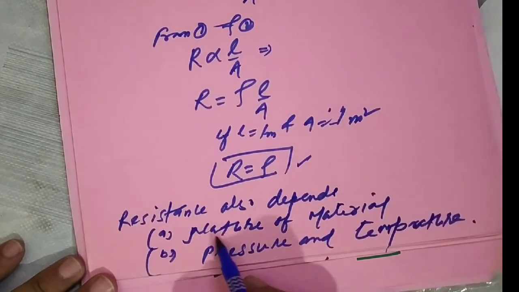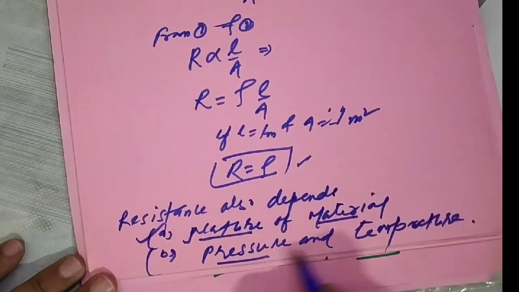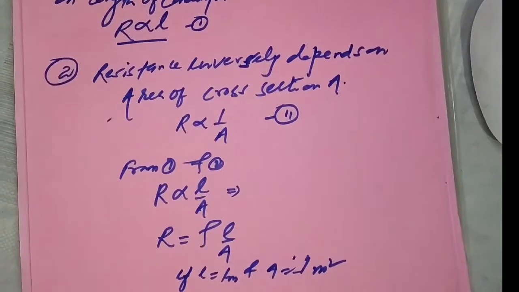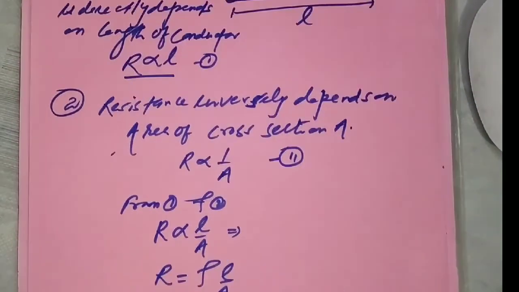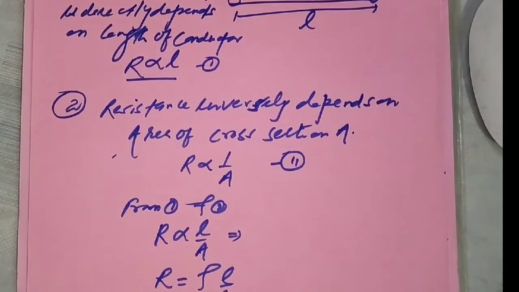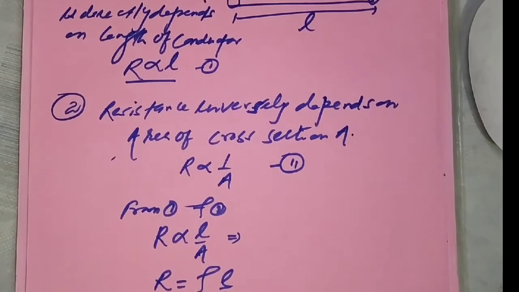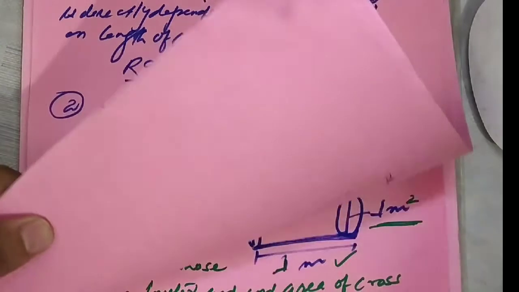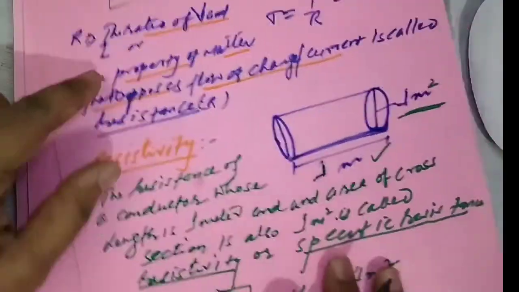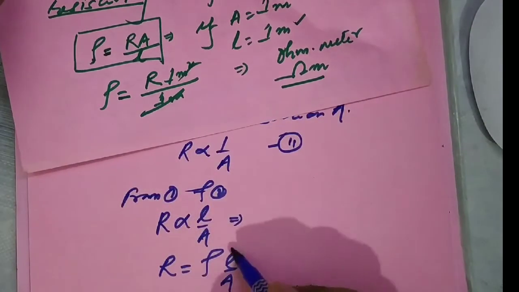Resistance also depends on the nature of material, pressure and temperature, that is physical conditions. So students, I hope the idea of potential difference, Ohm's law, resistance and resistivity will be clear. And here we defined the resistivity.